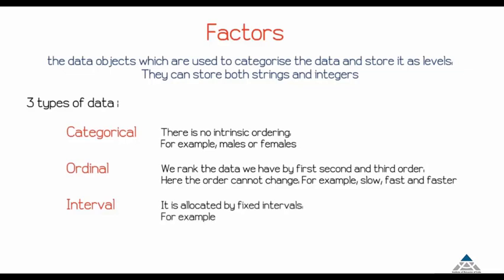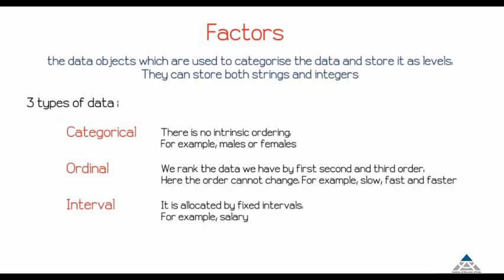For example, salary may be classified as being between 20,000 to 30,000, 30,000 to 40,000, and 40,000 to 50,000. Here we have fixed intervals of 10,000 each. Hence, factors are those objects in which we store the first type, that is, categorical type of data.